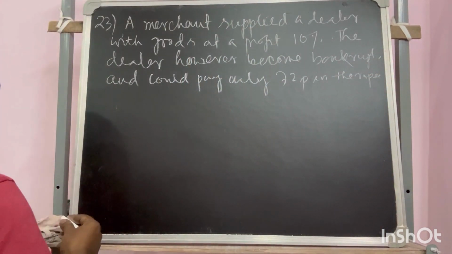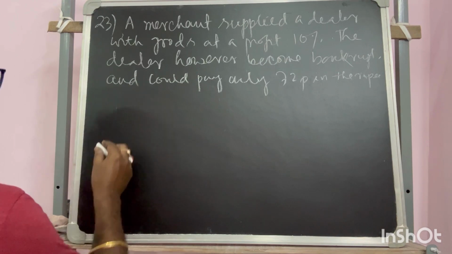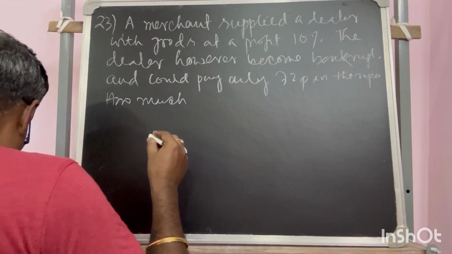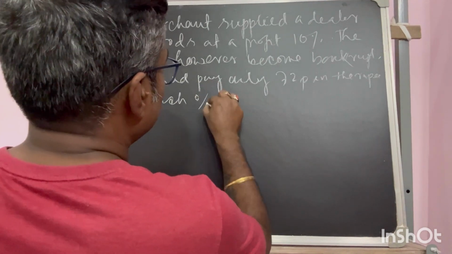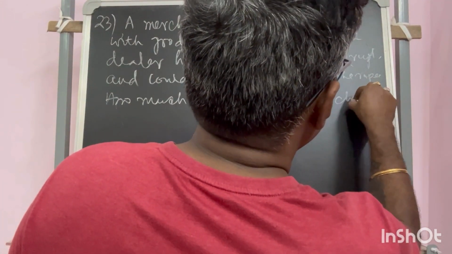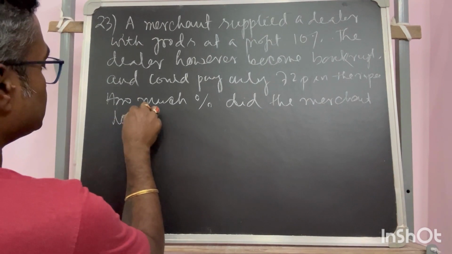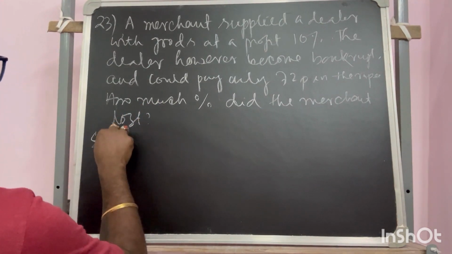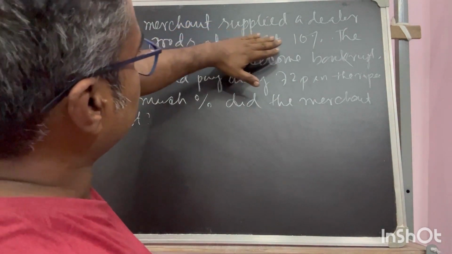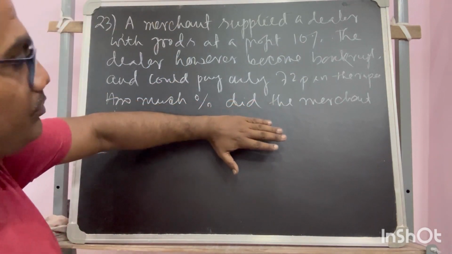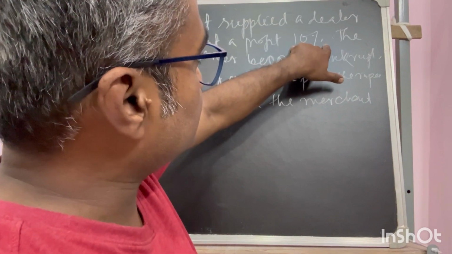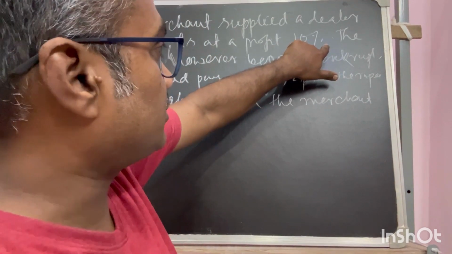How much percent did the merchant lose? So the problem says he has an intended price of selling, the price he has decided to sell at with a profit, that would be the mark price.